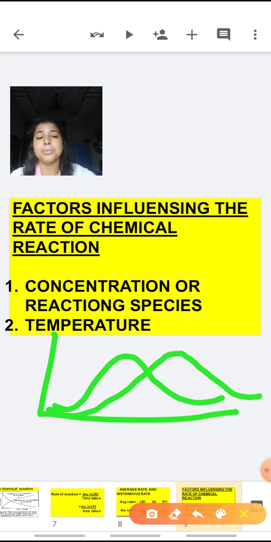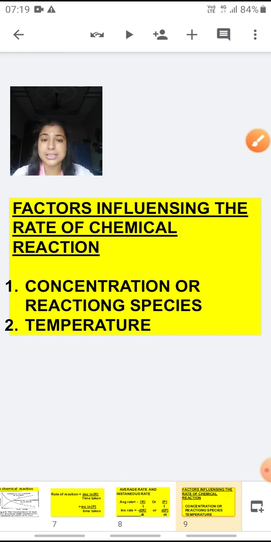Why did it shift? Because with every 10-degree rise in temperature, the rate of reaction becomes almost double. Now children, you have to write down these points along with the relation with the rate of reaction. Do write it down in your notebook.